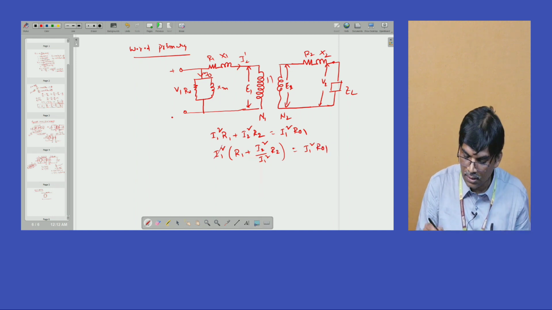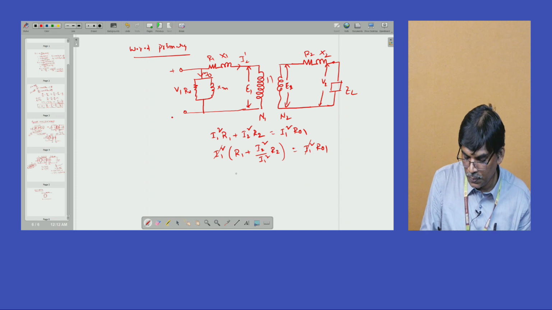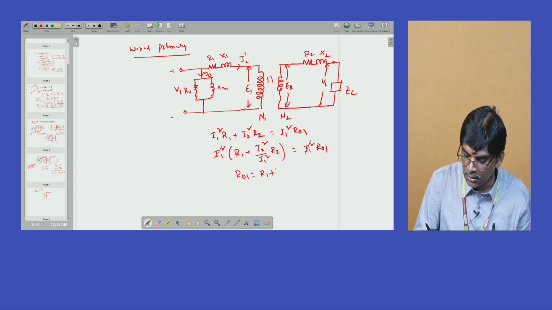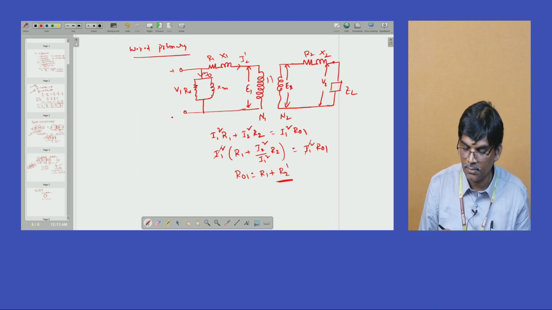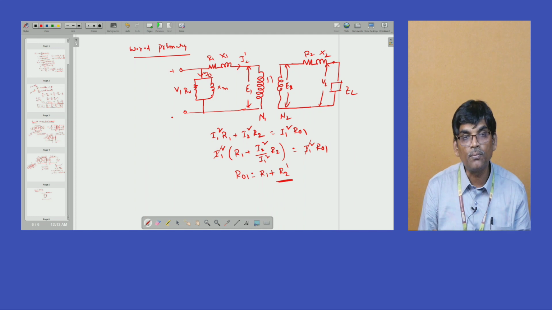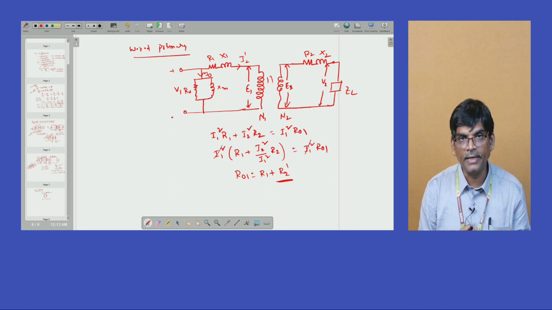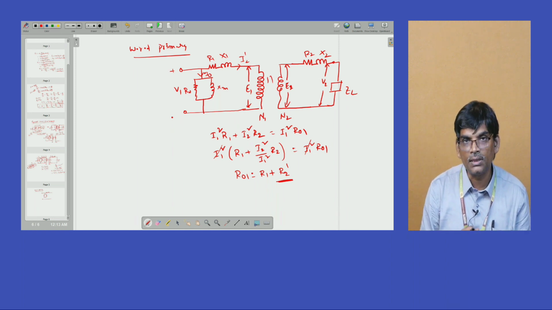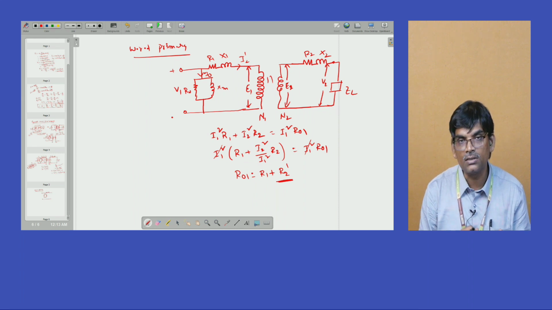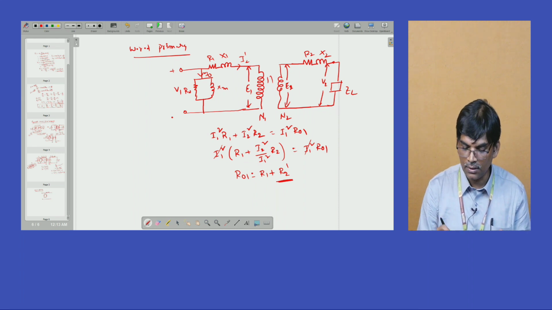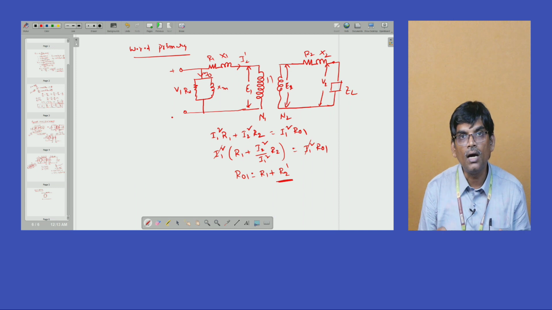Now these are cancelled here. So we represent R01 equal to R1 plus this term, which is called R2 dash. Here the term is very important. Suppose we take the entire transformer, it has some loss. If we connect a wattmeter on the primary side and measure the value, the active power is I1 square R01, equal to the copper losses of both windings.